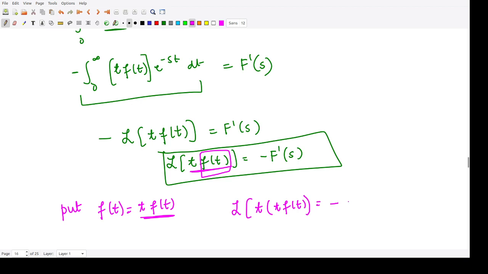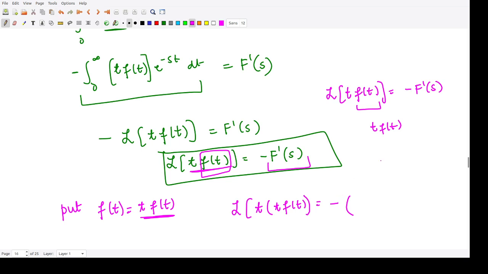This minus would come as such, and then I am applying the same formula again. The formula here is Laplace transform of t f of t is equal to minus F dash s. So now this is what I have. Here, instead of f of t, I am substituting t f of t. That means I will apply this formula again.